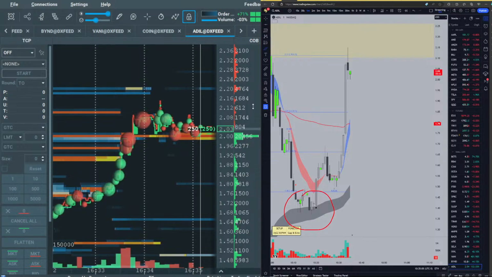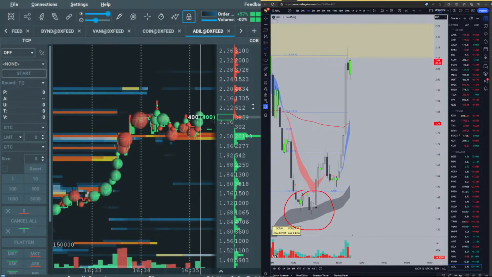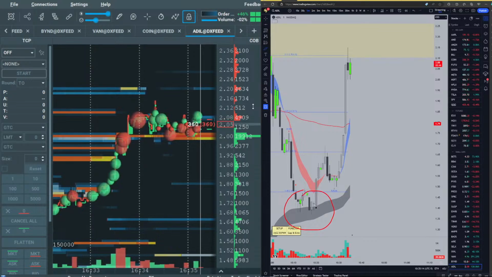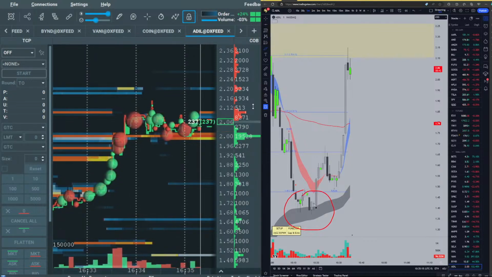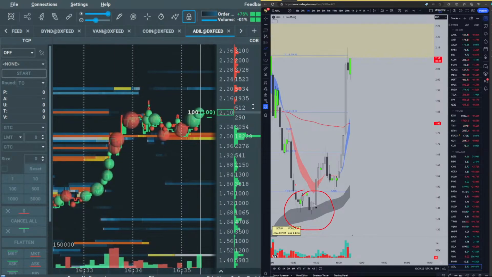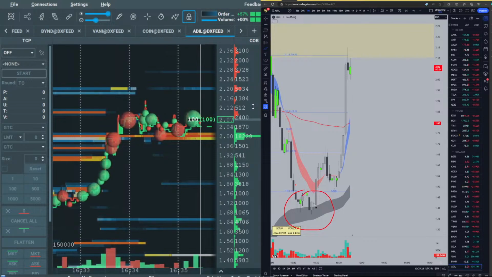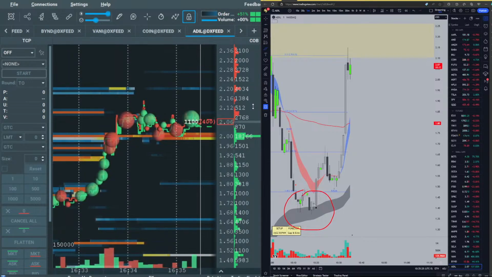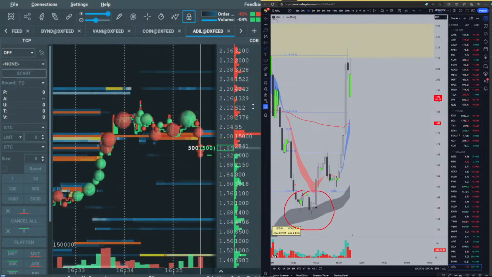If 202 goes, we're going to add a little bit more over here. There's a lot of volume over here, but also a lot of sellers. Add to the short.